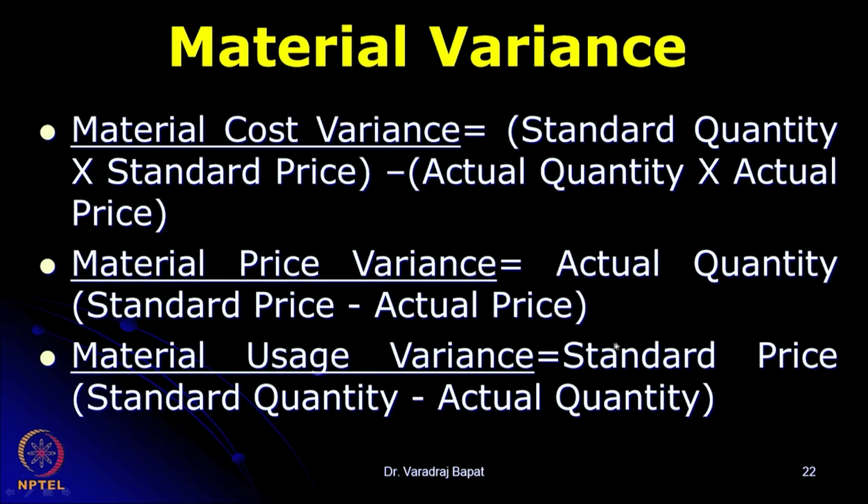That is why when we are holding them responsible, it is logical to take standard prices. But for the purchase department, that is price variances, we take actual quantity. If you mathematically calculate, you will realize that with this the total will match with the material cost variance, otherwise the total will not match.